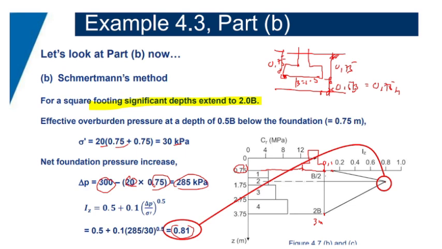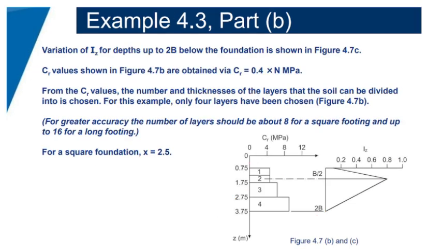So from here going here is 3 meters. The depth of the footing is 0.75, which means this elevation is 3.75 meters from the ground. We calculate C by multiplying 0.4 and the N values, or number of blows. That will give you the value in terms of megapascal.